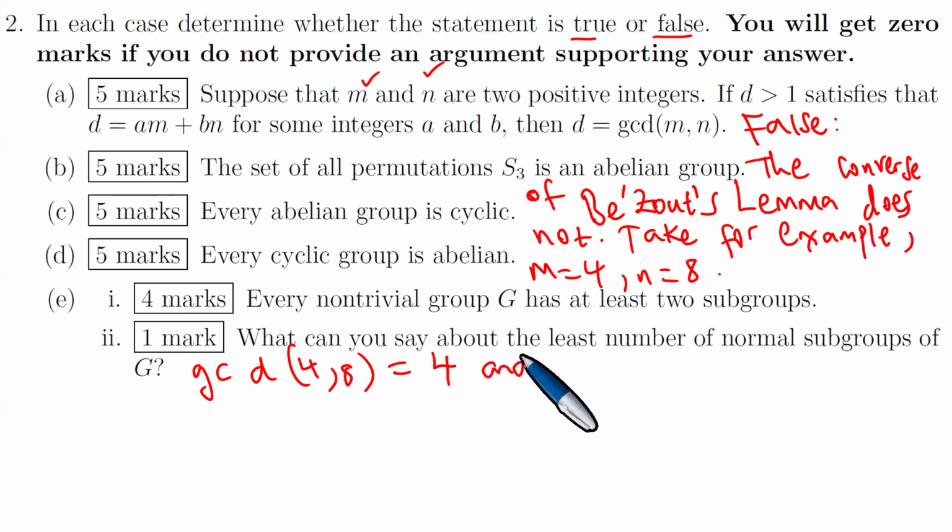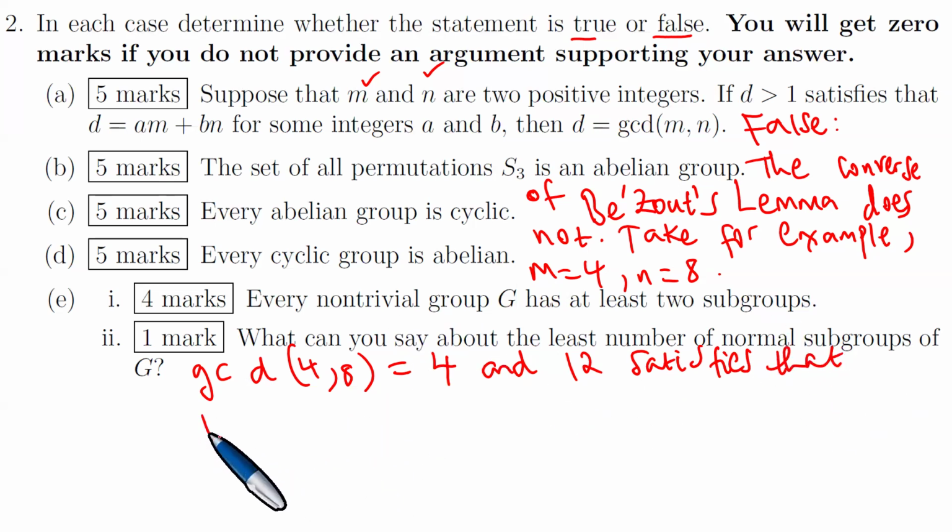And we note that 12 actually satisfies this particular equation. If we let A be 1 and B be 1, with M being 4 and N being 8, then 4 plus 8 is 12.